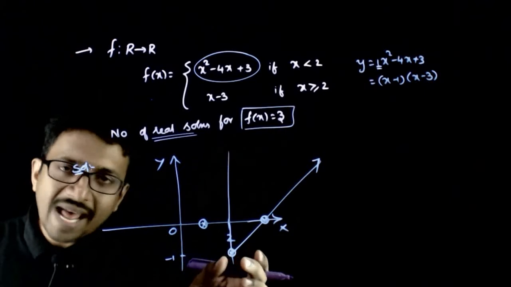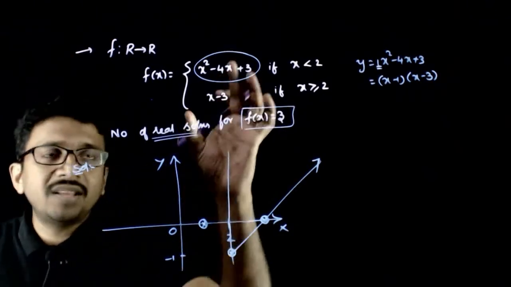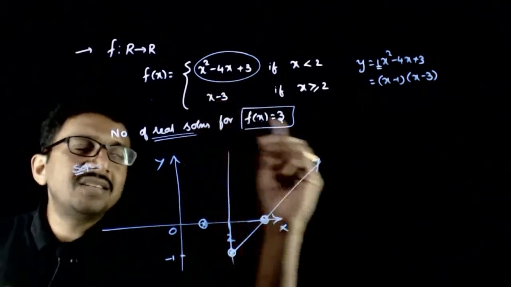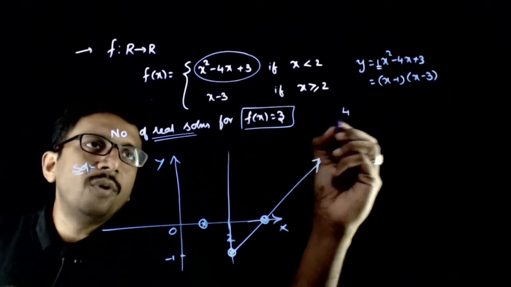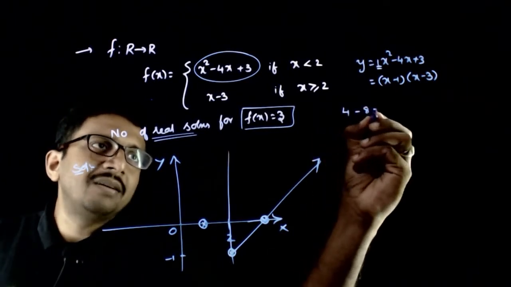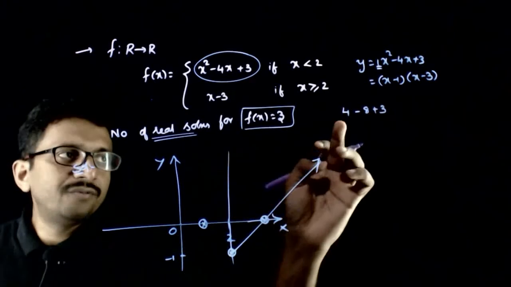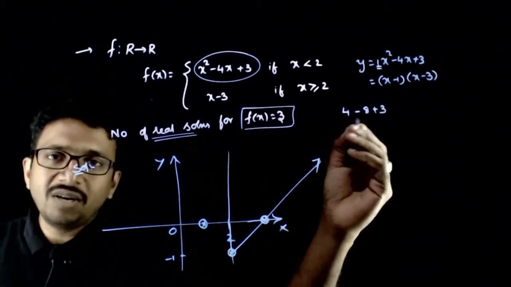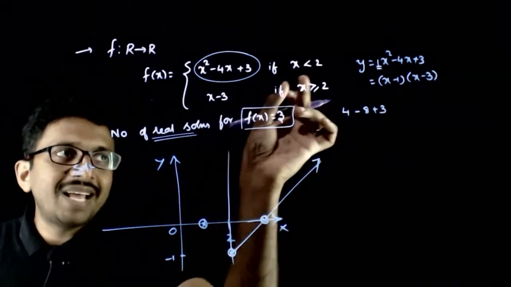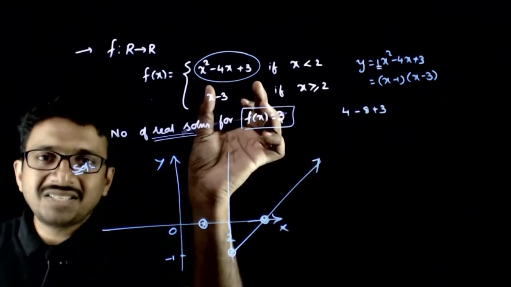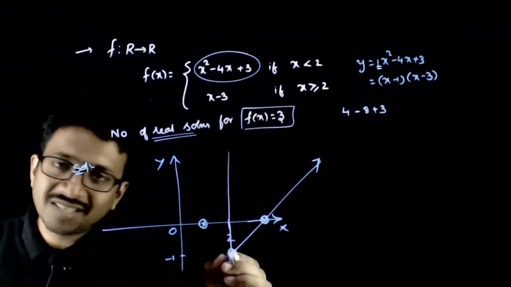Let us see what happens when x is equal to 2, and whether this is continuous or not. When x is equal to 2, we have 4 minus 8 plus 3, which is equal to minus 1. That means when x is tending to 2, this function is tending to minus 1. It is reaching the same point.